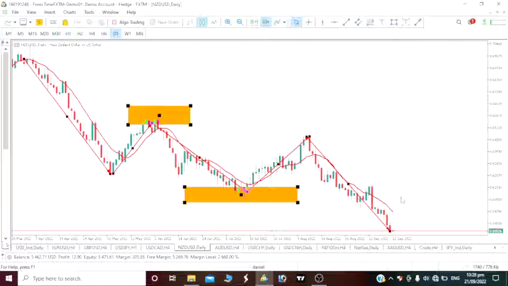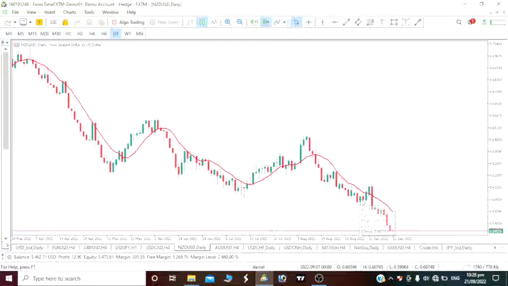I think that is good. Second is that this price is still below the 10 period moving average, so I don't think there will be a pullback anytime soon. Probably next week we'll have a pullback, but not this week. Remember, we are still expecting close to 300 pips drop on our New Zealand dollar USD.